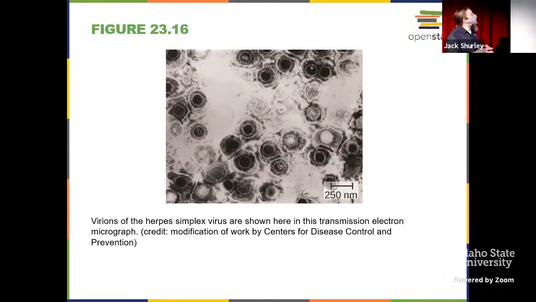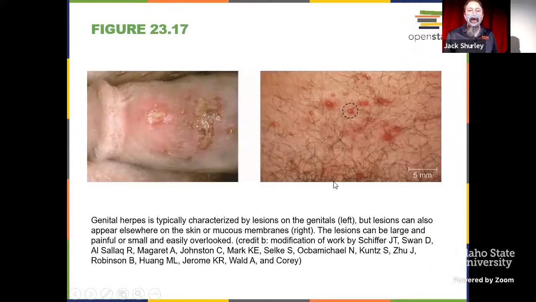So this image is an electron micrograph showing the herpes virus, these virions. We can see handfuls of them here. And now we'll shift over to the actual lesions.